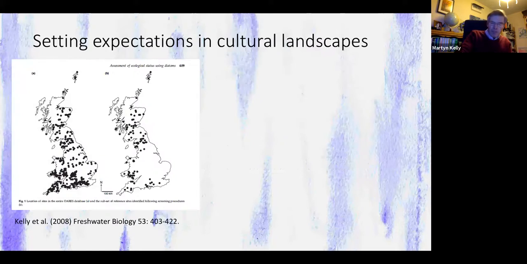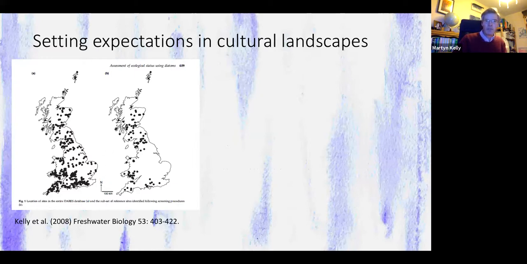Now, I'd said that we were expected to set up types for determining reference conditions. The UK deviated from this approach of type-specific reference conditions for many of its biological quality elements, not just the periphyton. And instead, we tried to use equations to predict expected values from key non-pressure variables.